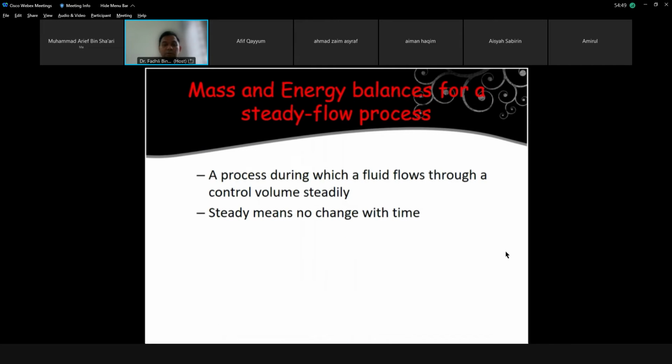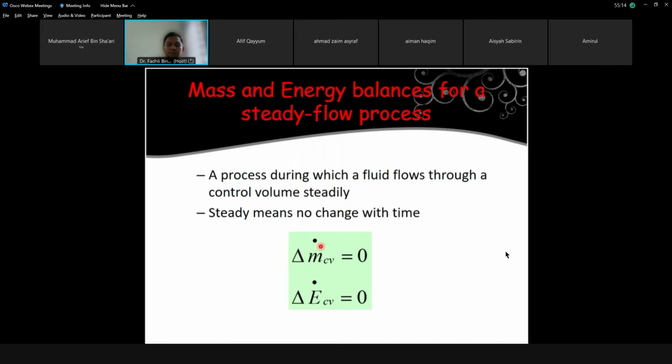So process during which a fluid flows through a control volume steadily. Steady means no change with time. So the change of total energy, the rate of total energy, delta E dot CV equal to 0. Dan juga this one, delta m dot CV equal to 0.